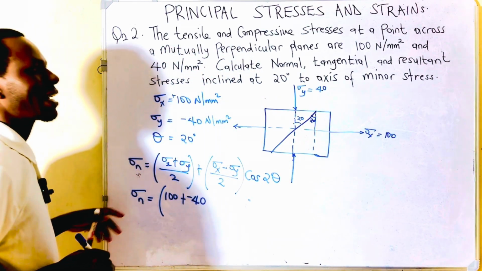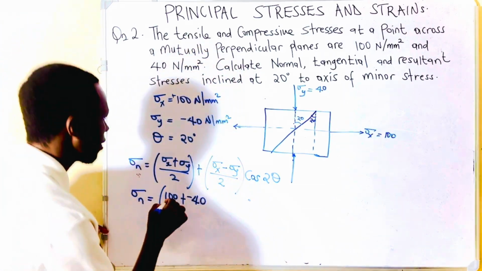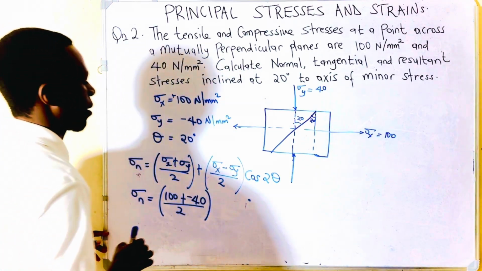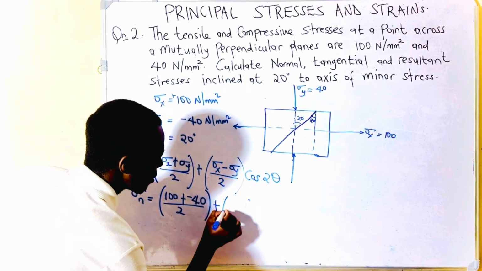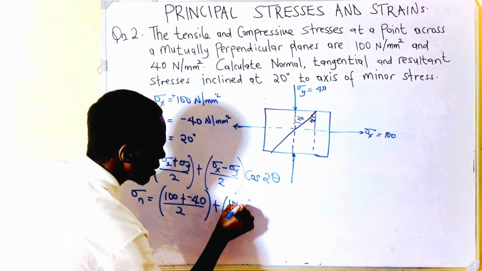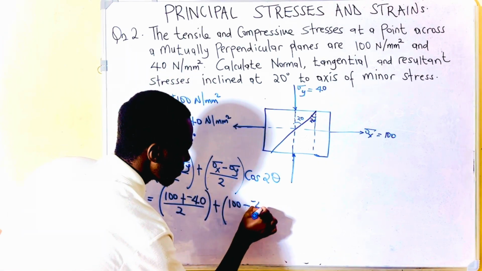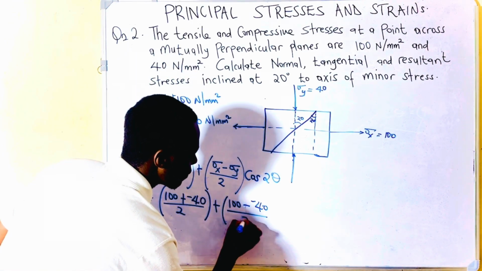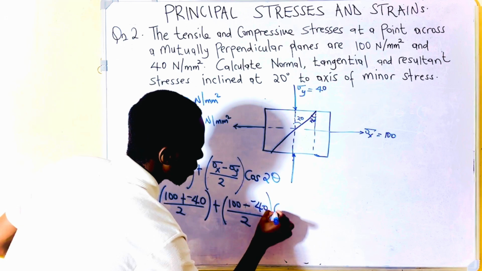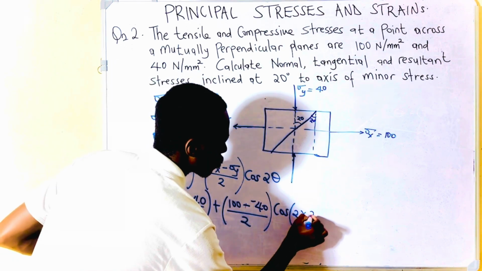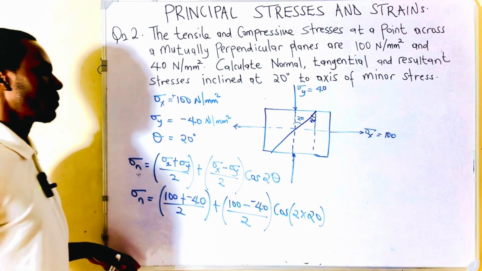Don't forget that sign because it is compressive. Everything is out of 2, then plus 100 minus minus 40, everything out of 2, times cos of 2 times 20.